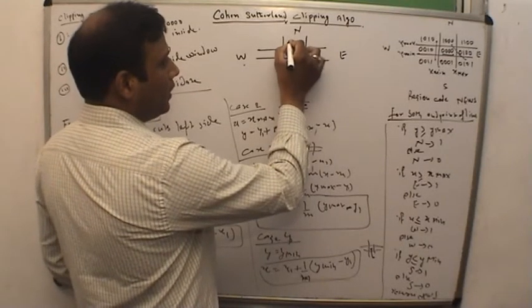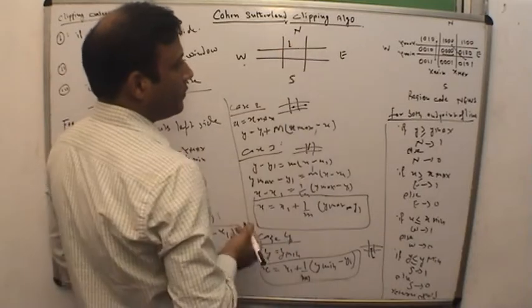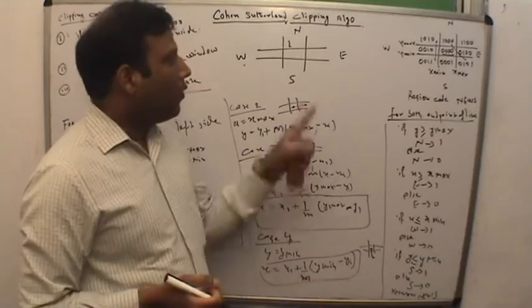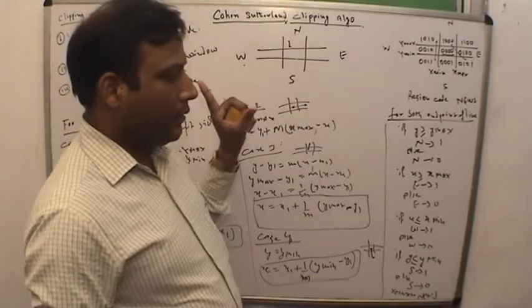If this is north, then we set the value 1. We have to set 4 values in all regions.